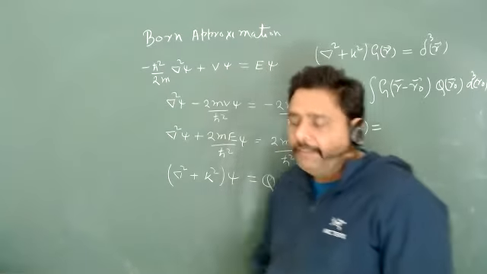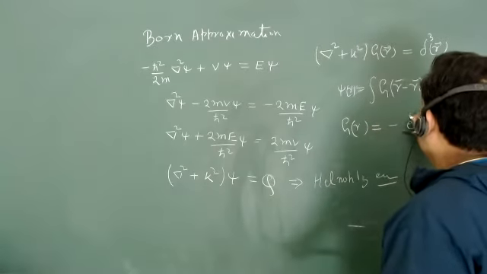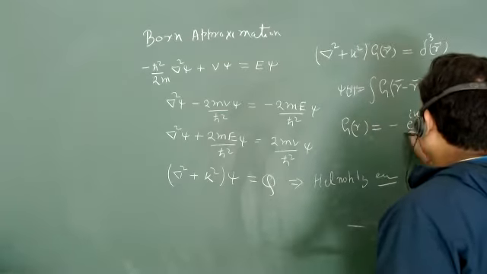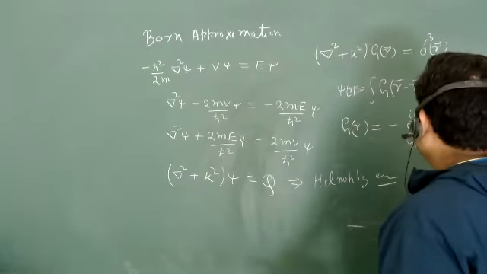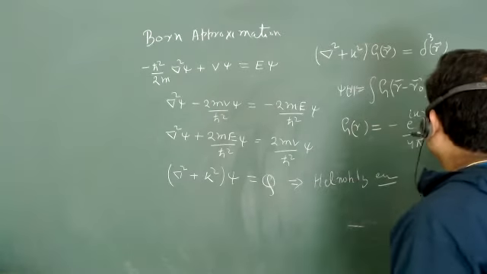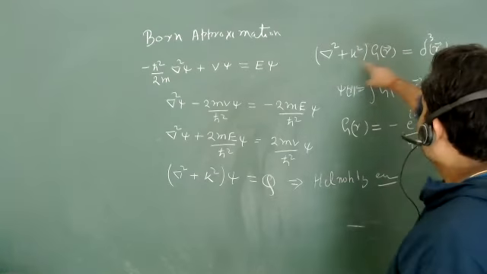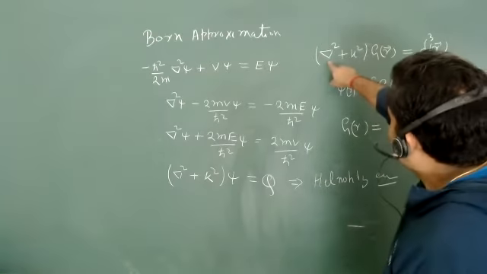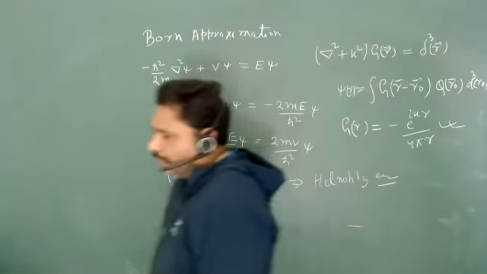So that Green function is identified as minus e to the power i k r upon 4 pi r. This is my accepted Green function which will satisfy this equation. And you know that del square of 1 by r is nothing but del cube r. ये आपको पता होगा, है ना?